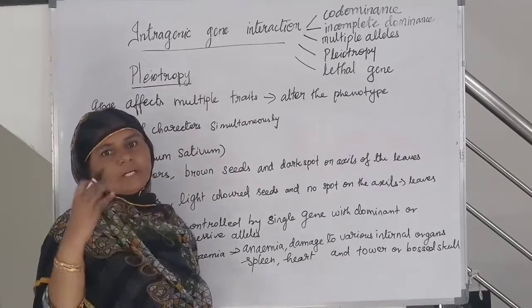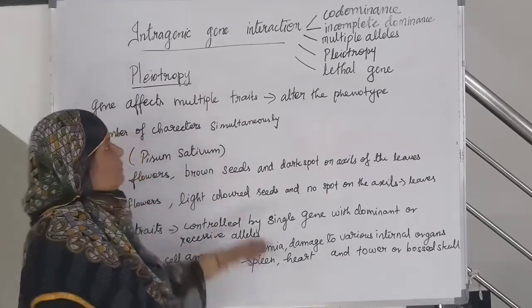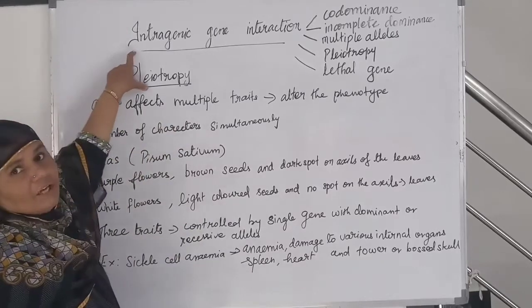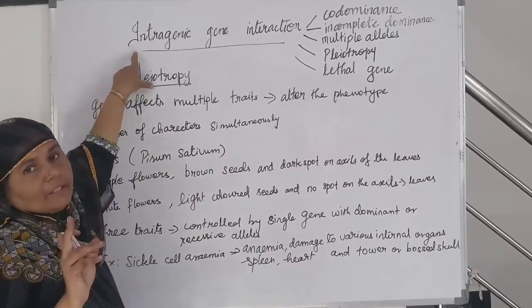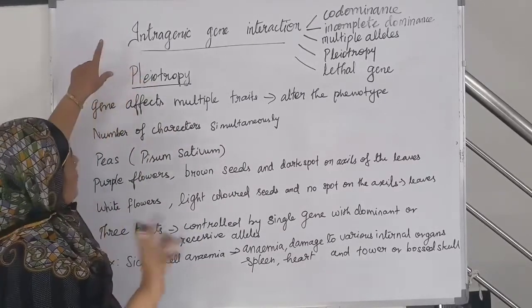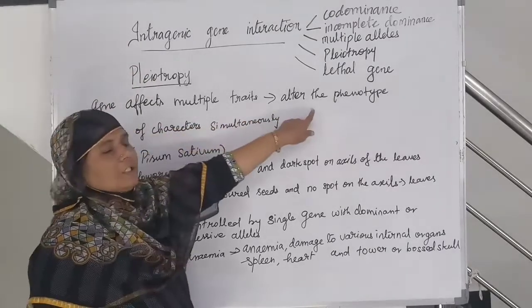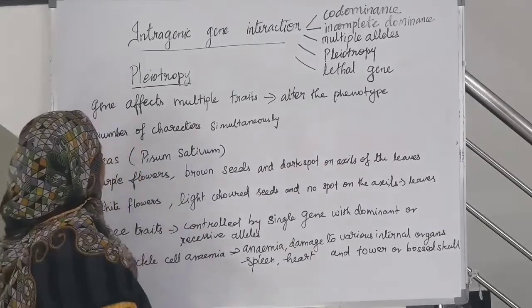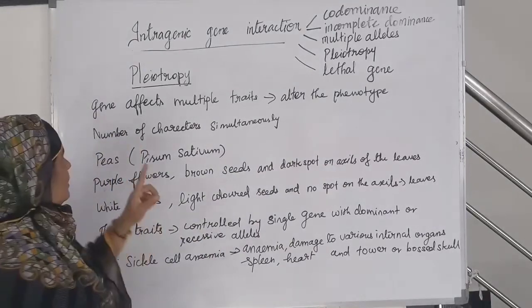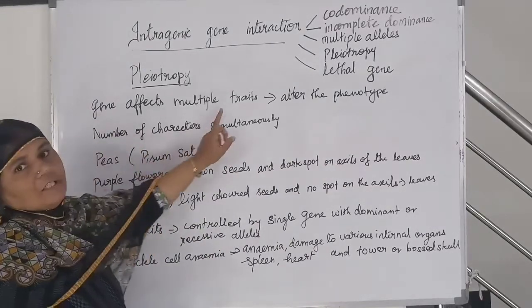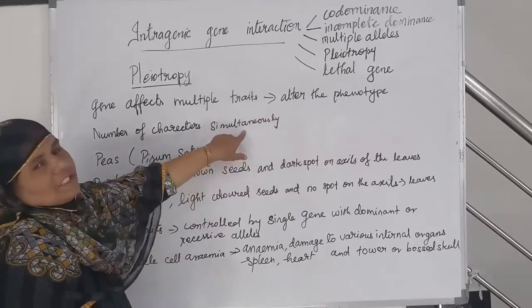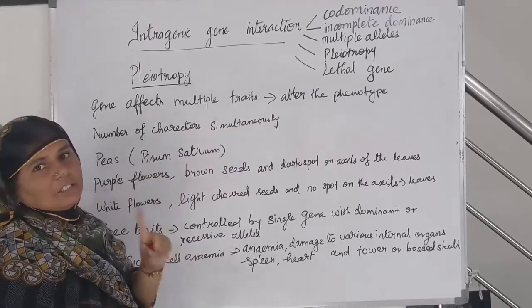The outward appearance is also altered because of the pleiotropic effect of a single gene. Keep in your mind, a single gene causes many effects, multiple traits. A number of characters are simultaneously expressed by a single gene.